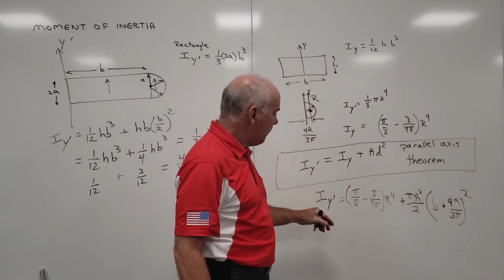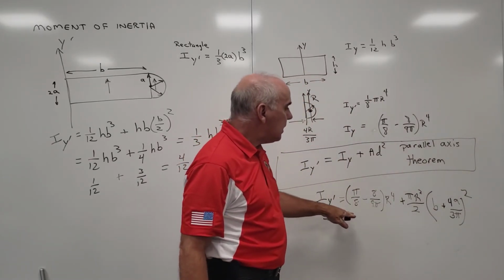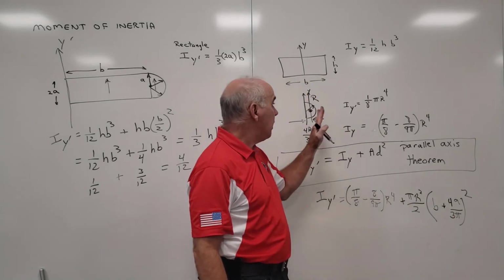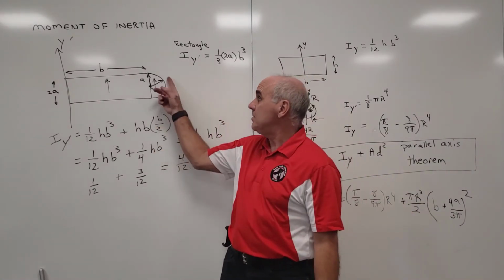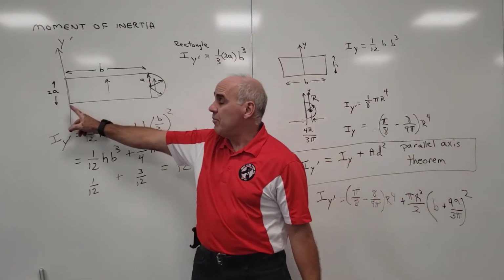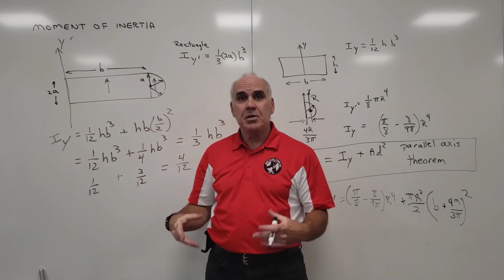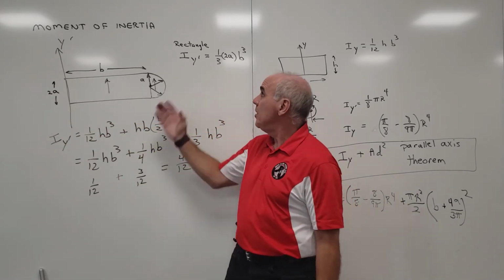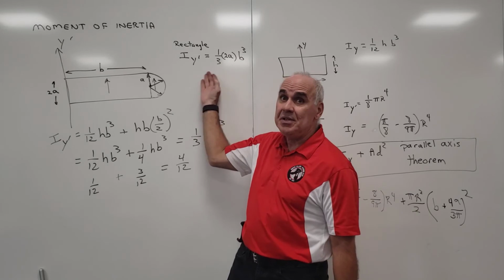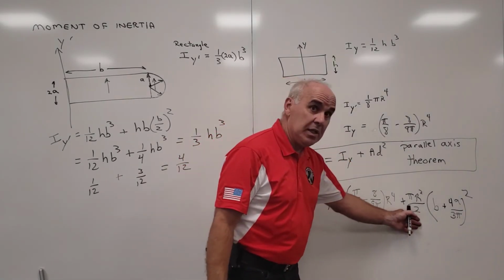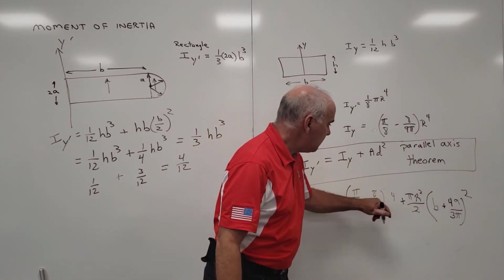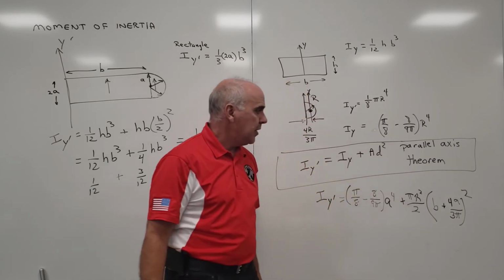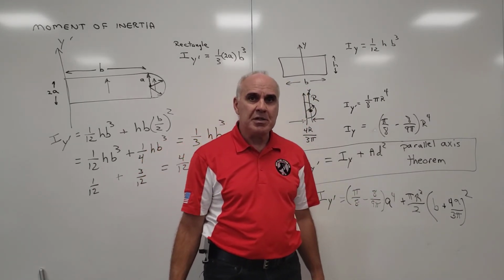All of this will be equal to the moment of inertia of just the semicircle, just this part right here, about this y prime axis. And so the moment of inertia of the entire shape would be this, that's nice and easy, right? Plus this, much less easy. And I should actually change that to an a to the 4th, because that's the radius of our semicircle.